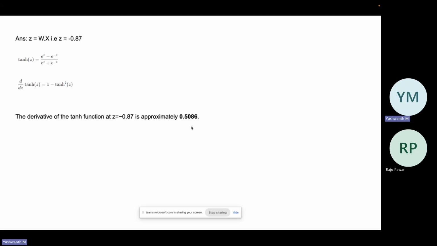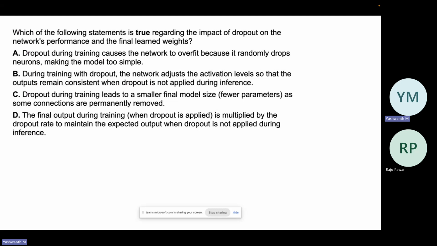Okay. And which of the following are true regarding dropout and network performance? So dropout is a regularizer actually, right? One can just see: dropout during training causes the network to overfit. This is incorrect because dropout is a regularizer.